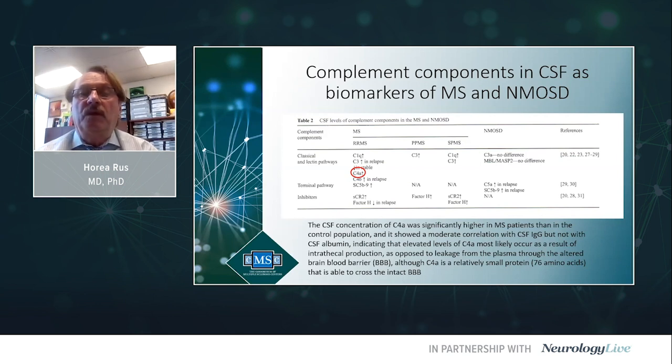And it was found that C4a levels in the CSF correlate with IgG, but not with CSF albumin levels. This suggests that the C4 is most likely there as a result of intrathecal production of complement, and less likely that it's coming from the plasma. We have to mention that C4 is a relatively small protein that is able to cross the blood-brain barrier.